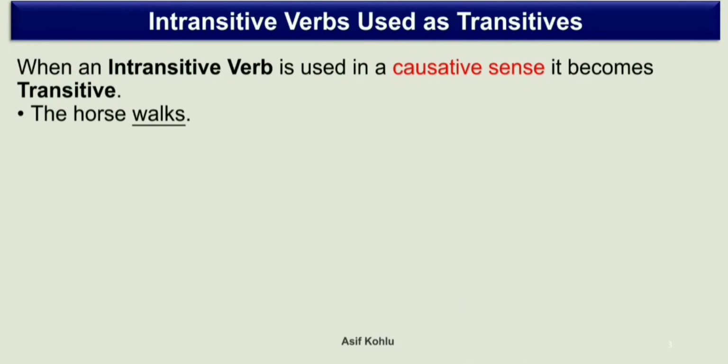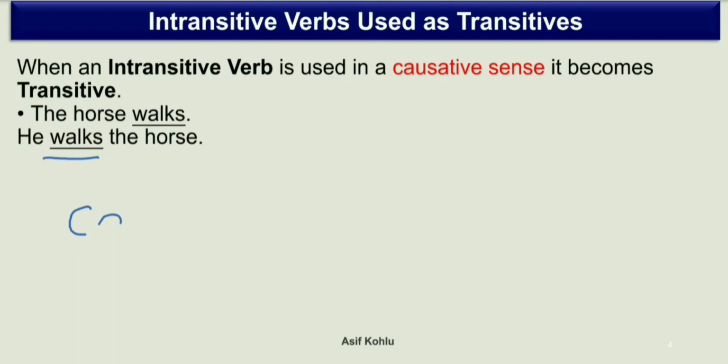We have the example, the horse walks. Now walk is an intransitive verb, and here it completes the action, and the sense of the whole sentence is complete by all its meaning. And if you see the second sentence, he walks the horse. Now, walks the horse means cause to walk. He causes the horse to walk. Now here the intransitive verb walk is used in the sense of cause to walk.